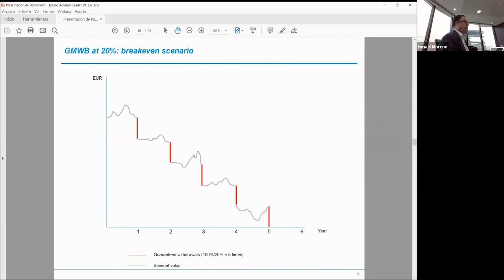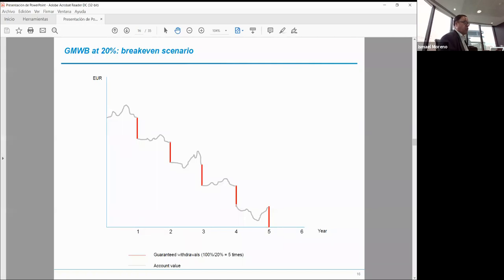Right, GMWB at 20%. 20% means the amount of money that you withdraw each year from the fund in dollars. So it's calculated as 20% of the initial amount. So it would work like this. I would completely deplete the value of the fund.